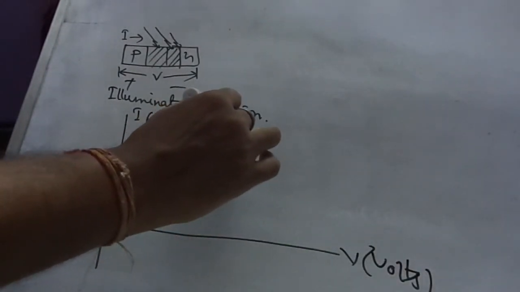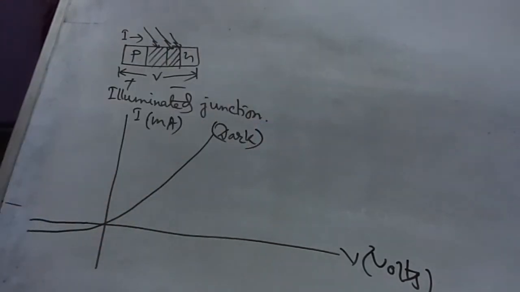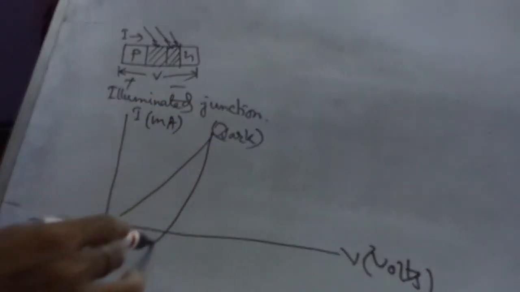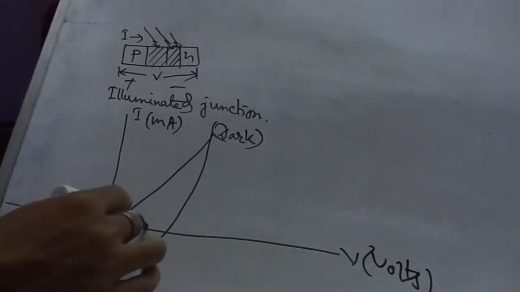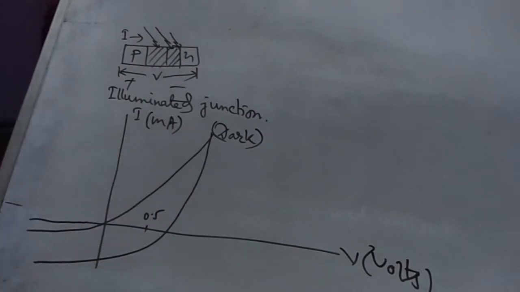One is the dark, another is the illuminated, with a middle value of suppose 0.5.